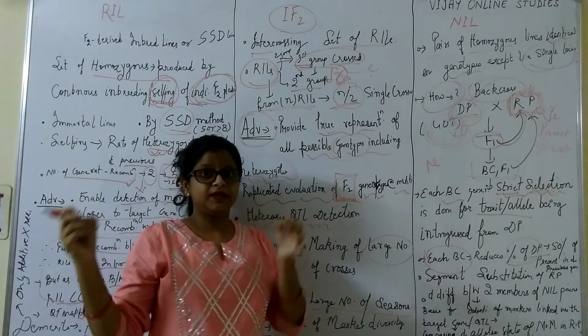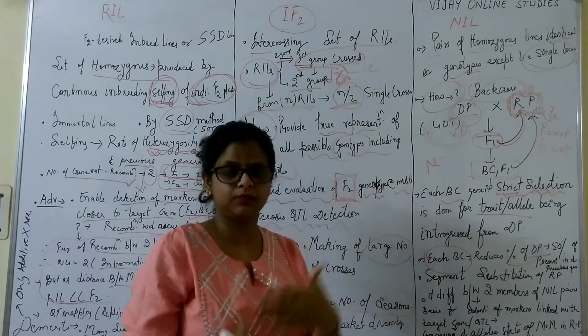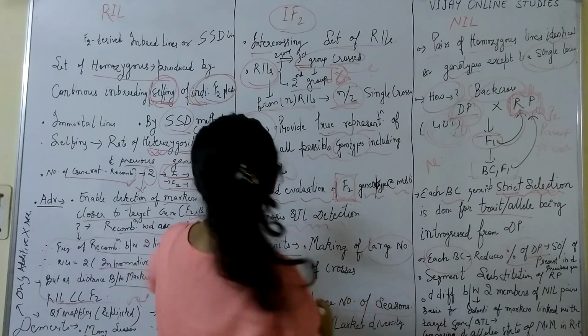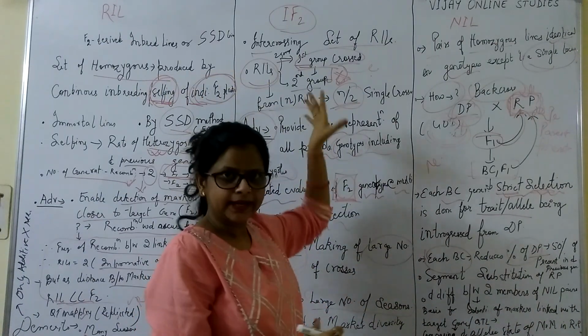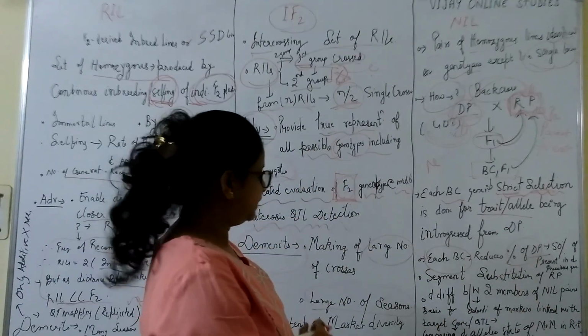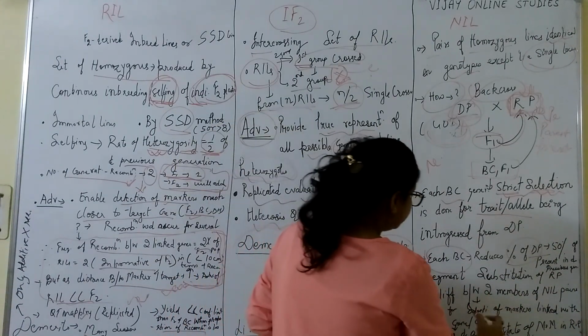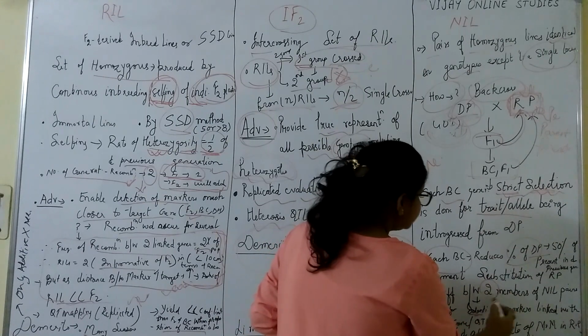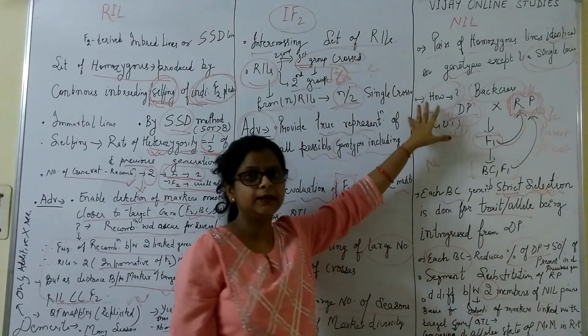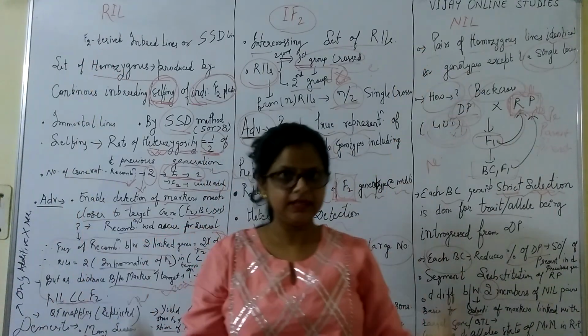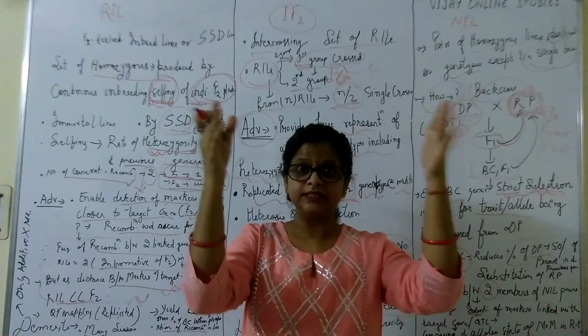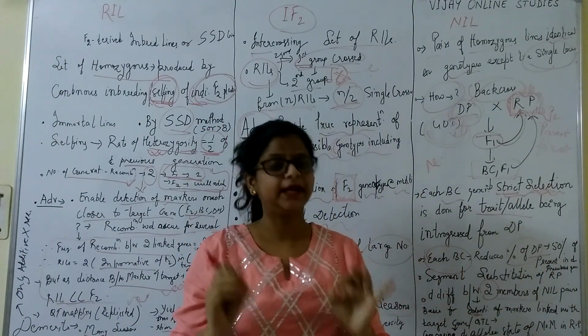Like you have recombination frequency as the basis in other populations, what is it here? The basis is the difference between the NIL pairs. After you obtain the NIL lines, the difference between these NIL lines is the basis of identification.